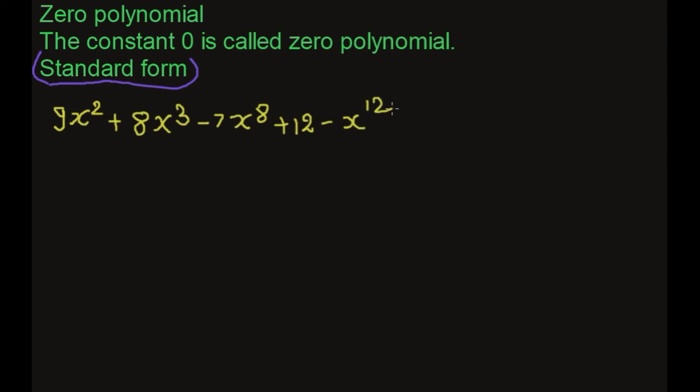So how do we write this polynomial function in standard form? We will write first minus x to the power 12, then minus 7x to the power 8, then plus 8x cube, then plus 9x square, last plus 12.